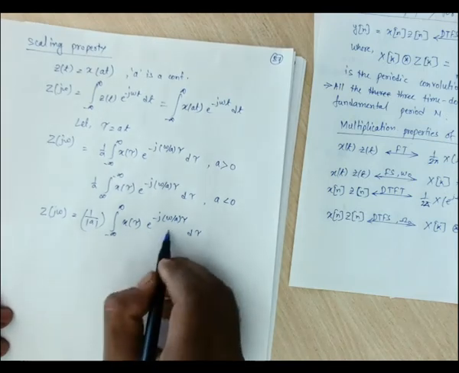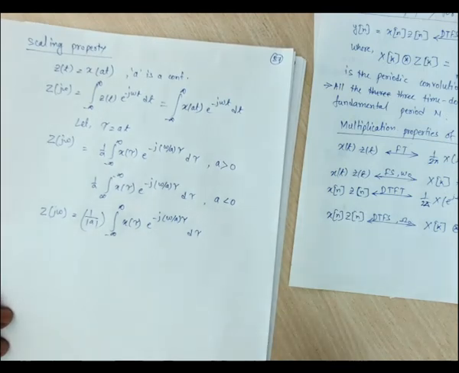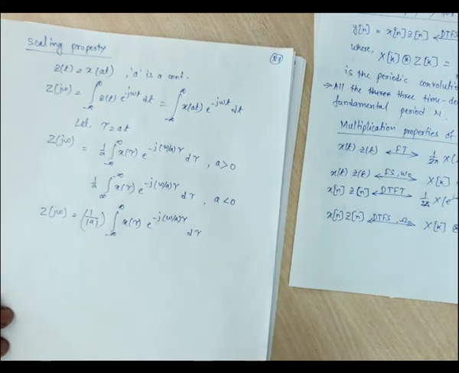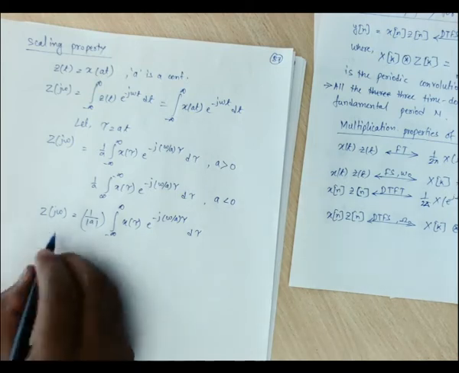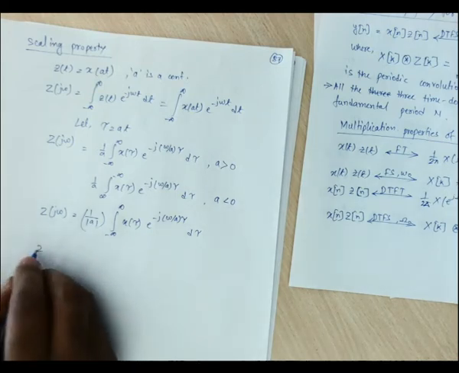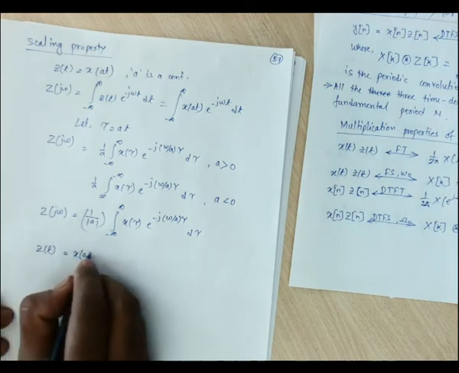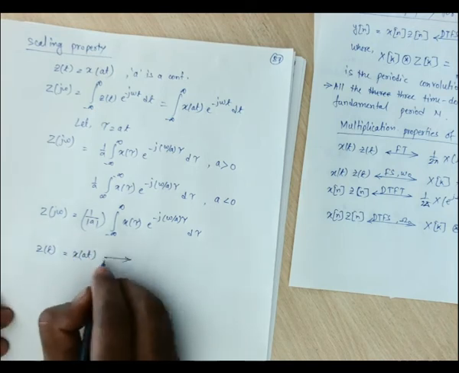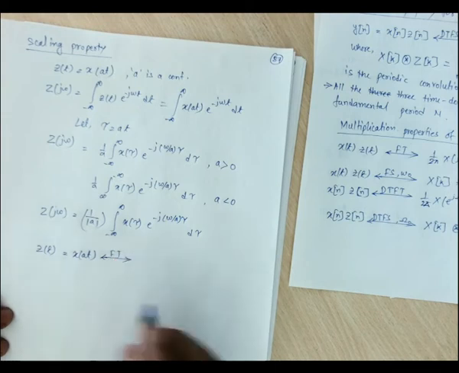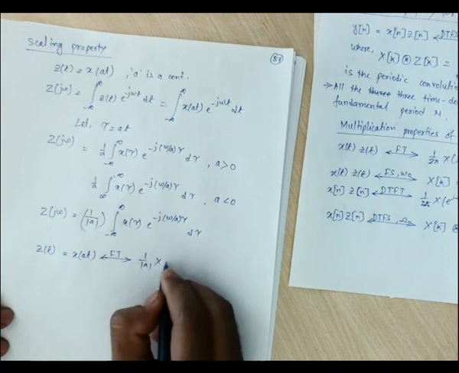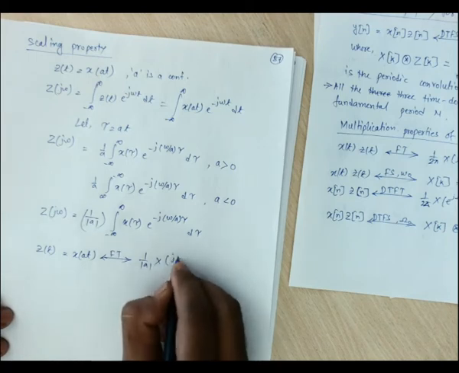This one is the Fourier transform of x of tau, where the frequency is scaled by omega by a. So z of t, which is x of at, if you take the Fourier transform of this, we get 1 by mod a times X of j omega by a.